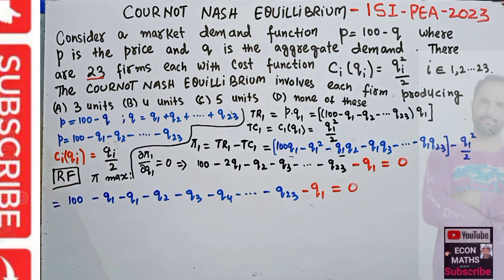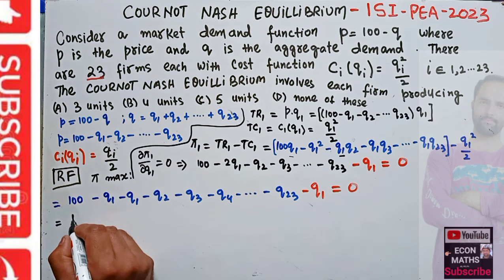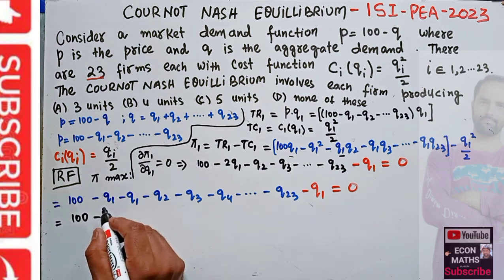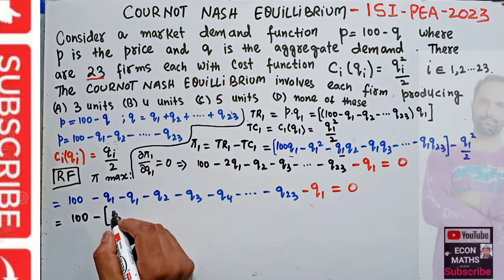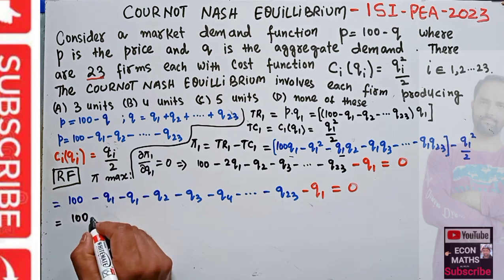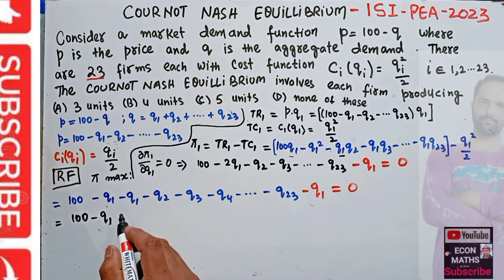So I can write it in this fashion: 100 minus Q1.